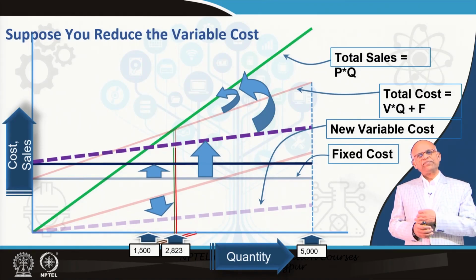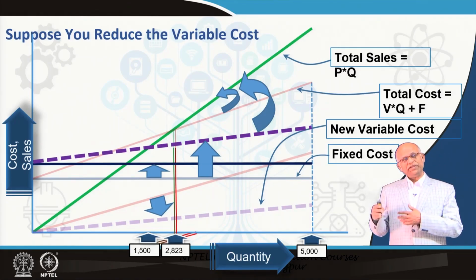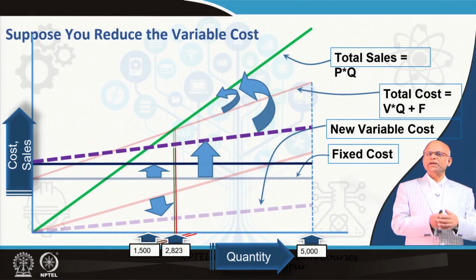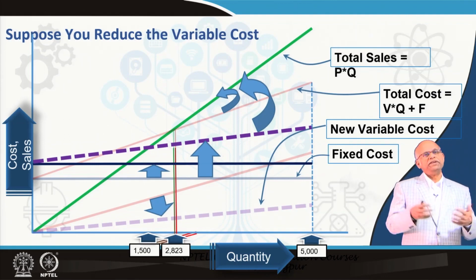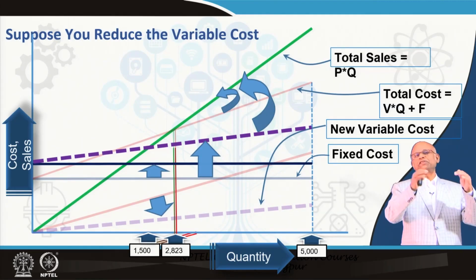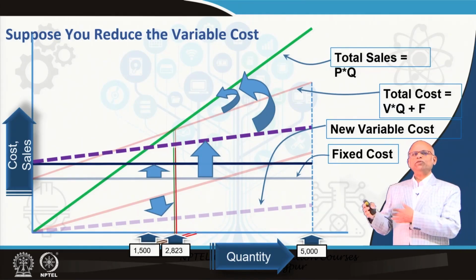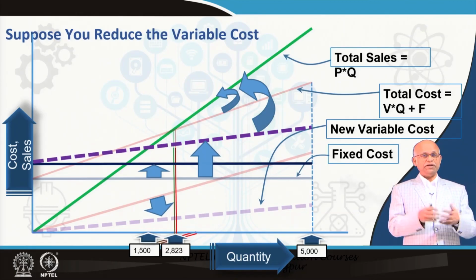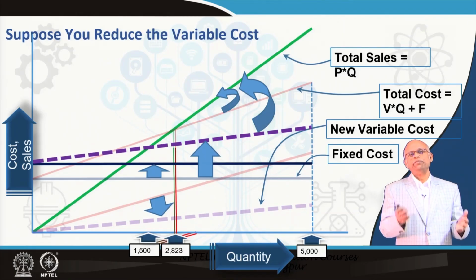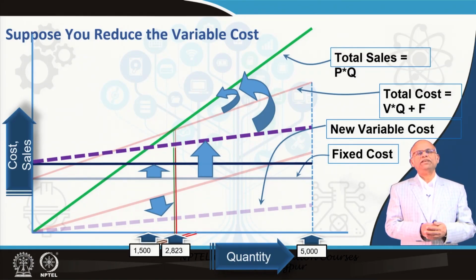Because your variable cost is going down, initially your break even point may reduce, it may be attractive because variable cost is low, but then your fixed cost line is going up. So, eventually your break even point again moves rightward. Where it will be depends on the data. Unless you put in the data, it is very difficult to say where the break even eventually lies.